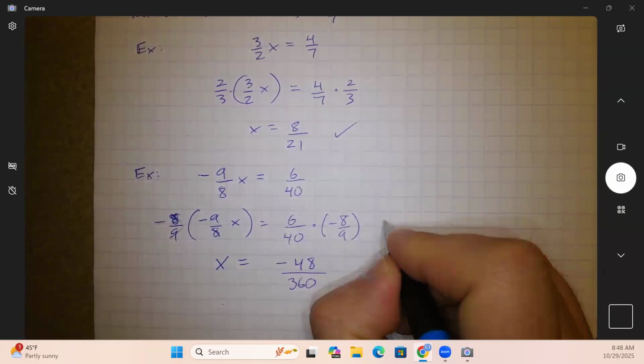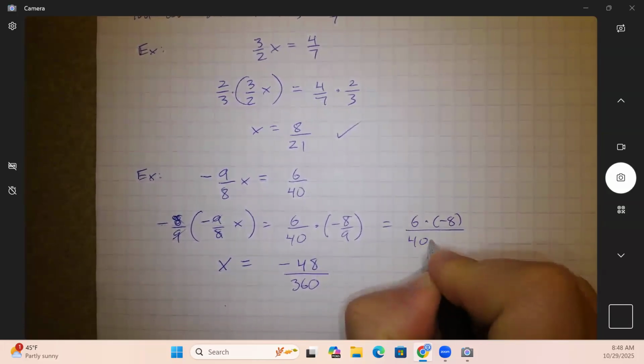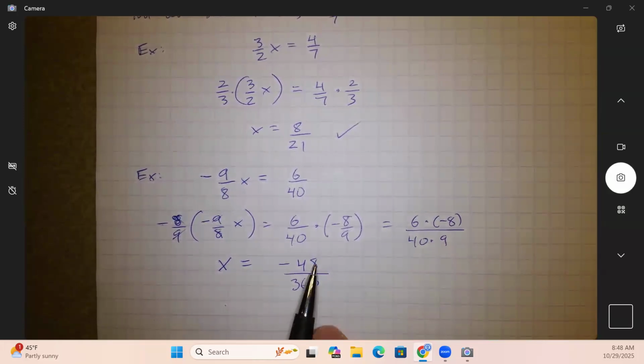I'll do one more step. 6 times negative 8 over 40 times 9, which is the correct answer, but this one can probably be reduced because it's going to share primes. And you can do it prime by prime, but sometimes you can also look at it and say, aha, I can think of a couple numbers that divide the top and the bottom.